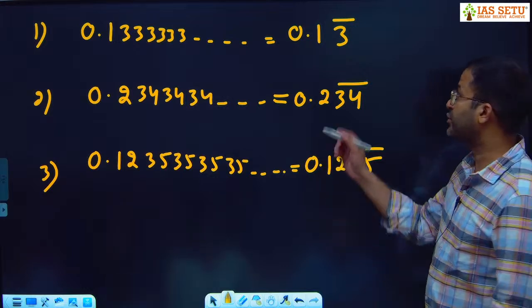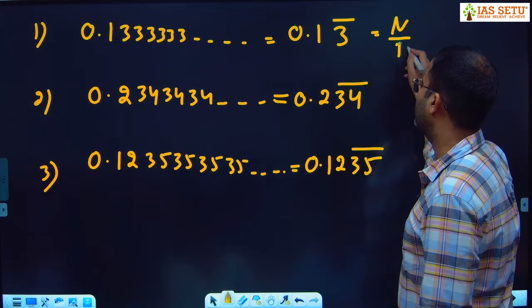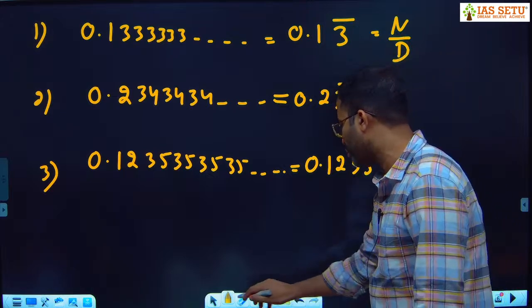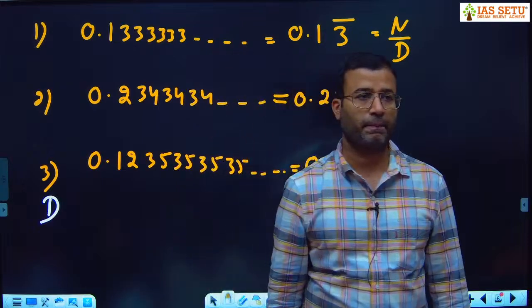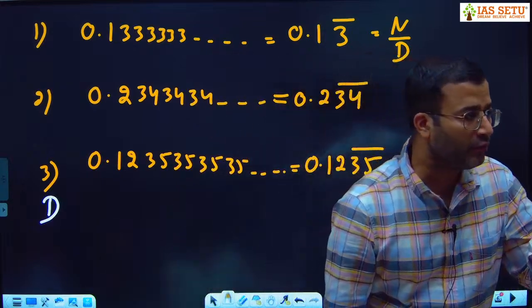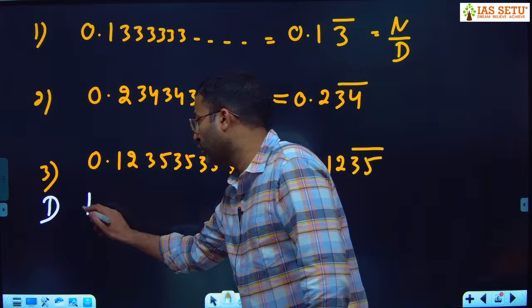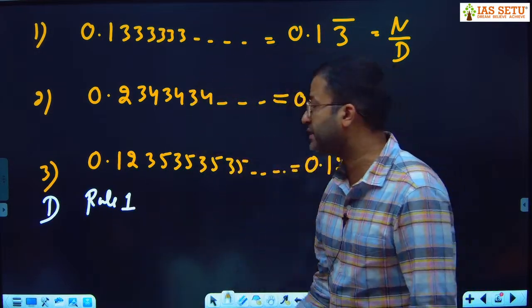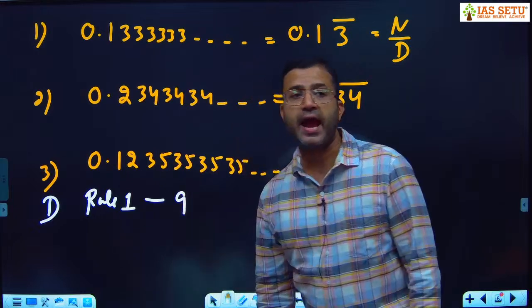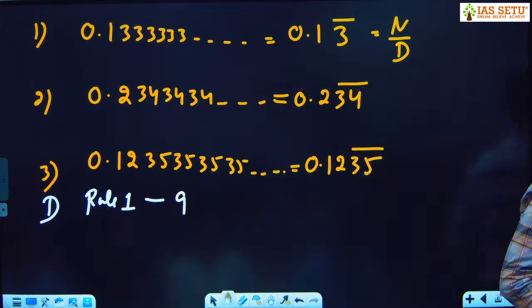Now next is numerator upon denominator. First let's handle the denominator. For the denominator we have 2 rules. Rule number 1 I already told you: as many 9s as many digits under the bar.